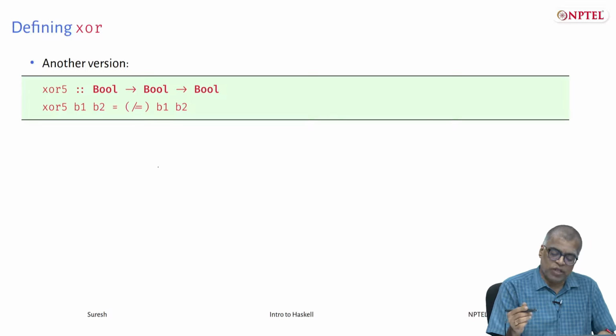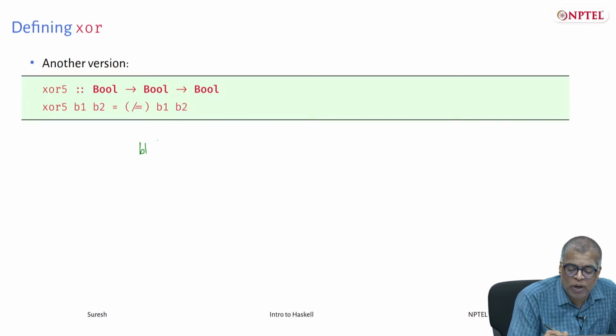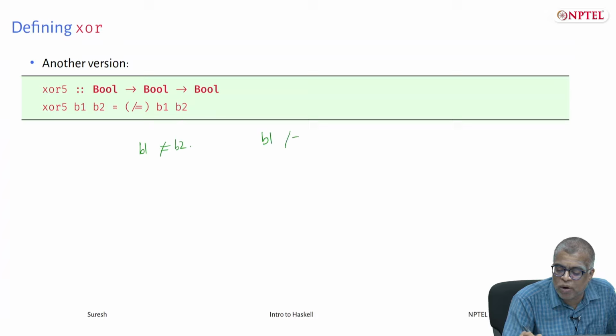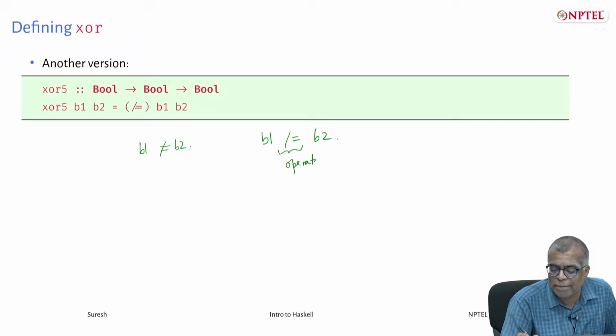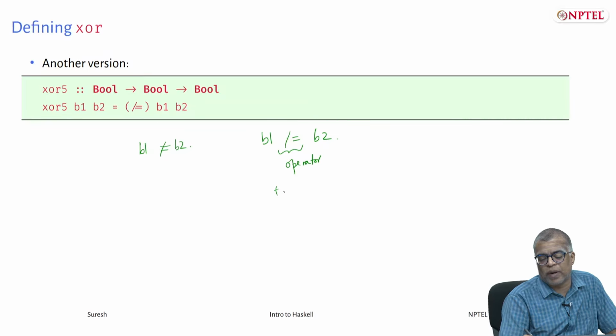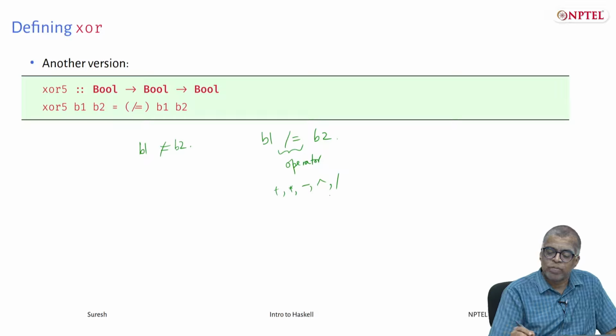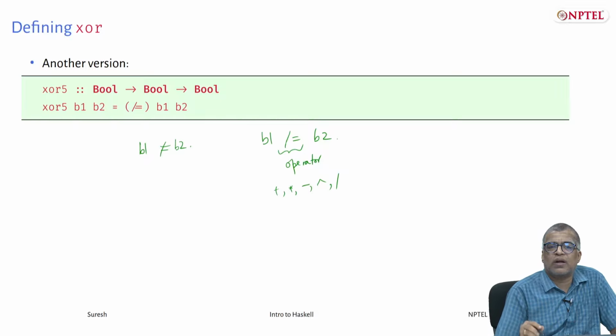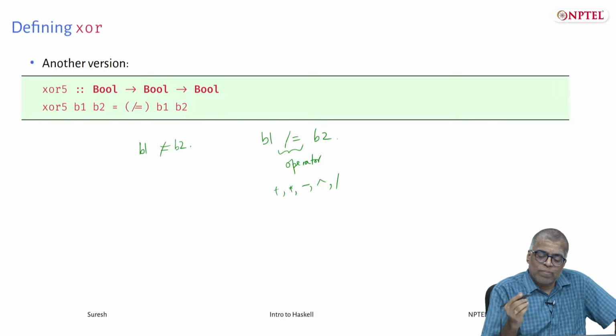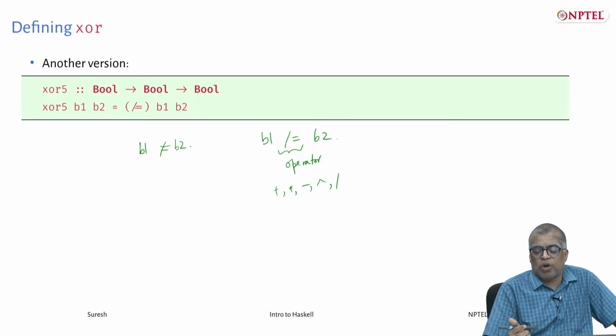Here is another cool feature. Instead of writing B1 not equal to B2, when I write B1 not equal to B2, this thing is an operator. Other operators you have seen are plus, star, minus, etc., the caret operator for raising to a power, divides, etc. How do you use an operator?